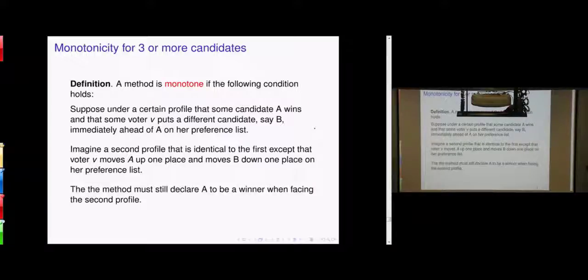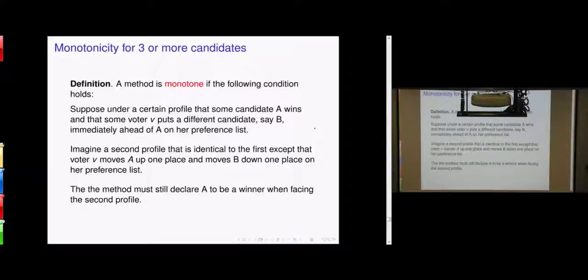After this, the method must still declare A to be the winner in the second profile. If the voting system satisfies this, it is monotone. During the lecture I said that the spirit is, if you give more favor to the winner, it won't change the result.